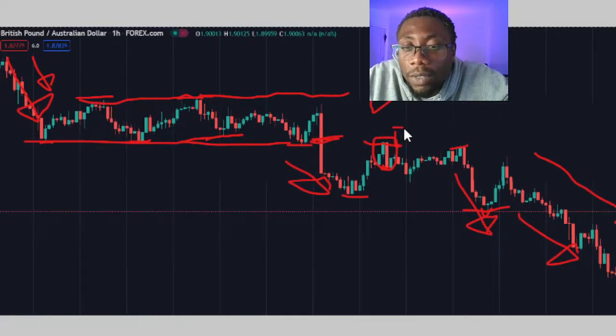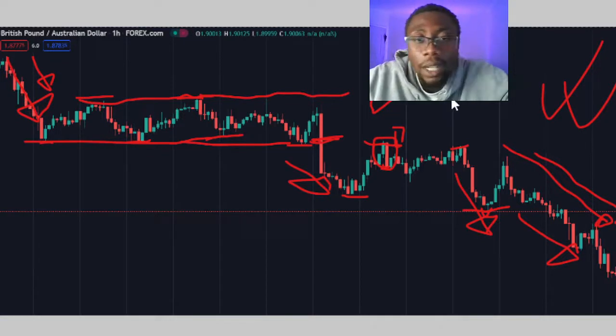We would have been risking very little on this trade and had all of this to gain. So that would have been a good trade. Several good trades, good stuff on this one. Just a very simple process.